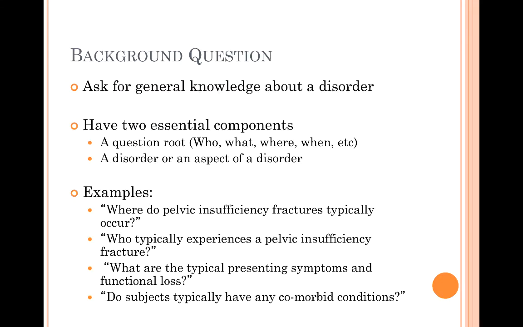And so there's two types of questions. There's background questions that essentially ask for general information, like how many people have disc herniations, where do they typically occur, at what ages do they occur. Those kinds of things are background questions. They don't really lend themselves to research.